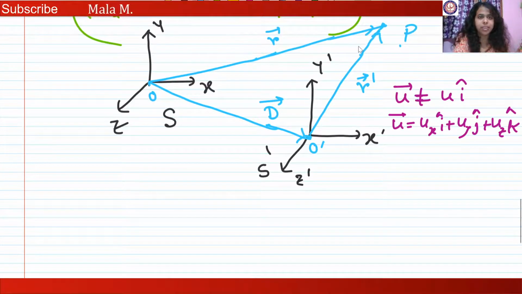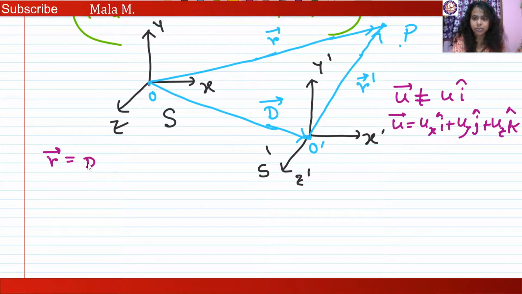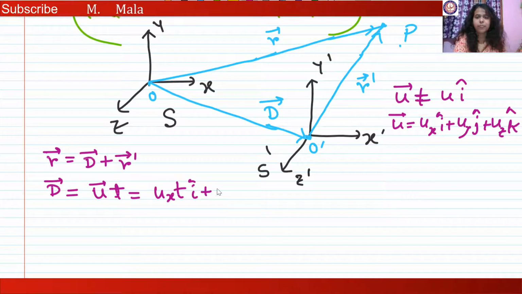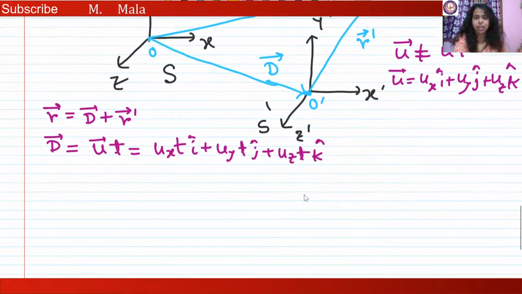So if this is the case, similarly as I have discussed previously, we can write vector r is equal to d plus r prime. What will be the displacement? Vector u into t. So now vector u t is ux t i cap plus uy t j cap plus uz t k cap.